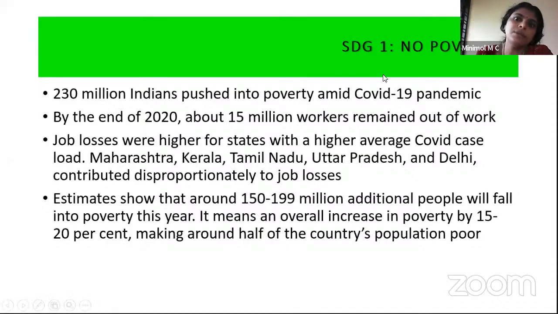Maharashtra, Kerala, Tamil Nadu, Uttar Pradesh, and Delhi contributed disproportionately to job losses. And estimates show that around 150 to 199 million additional people will fall into poverty this year. It means an overall increase in poverty by 15 to 20%, making around half of the country's population poor.